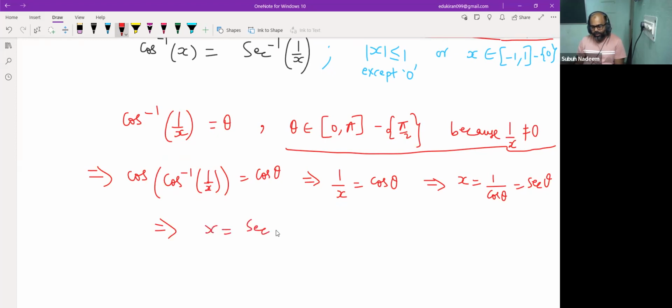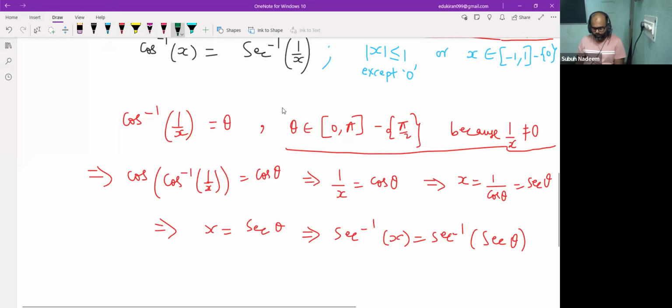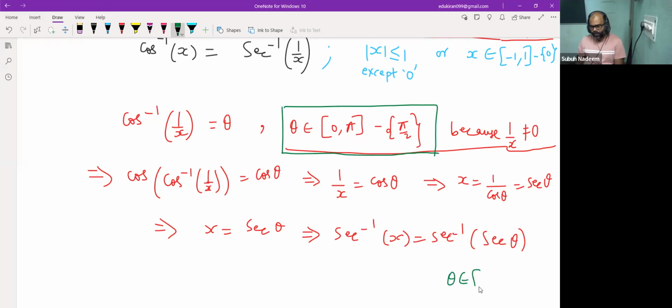Now the important part is we take sec inverse on both sides. Now sec inverse sec theta: this sec inverse and sec will cancel only if theta is in the principal value range. And we can see that we have taken theta in this range, which is actually the principal value range of sec. So we can say that sec inverse x is equal to theta.